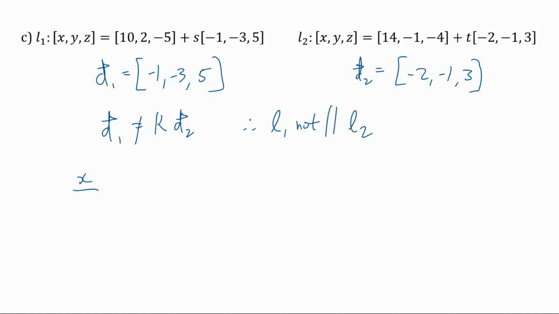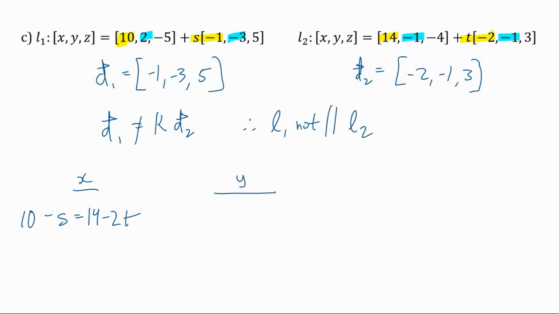Okay, so for the first one, I've got for my x, it would be x equals 10 minus s, and x equals 14 minus 2t. Okay, so that's my x, 10 minus s equals 14 minus 2t. Then I would get 2 minus 3s and negative 1 minus t for my y.